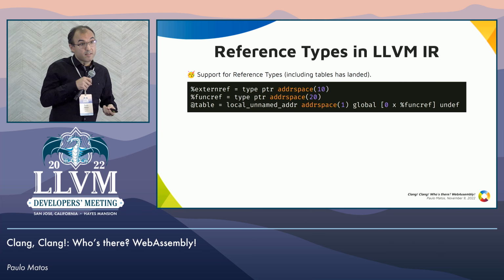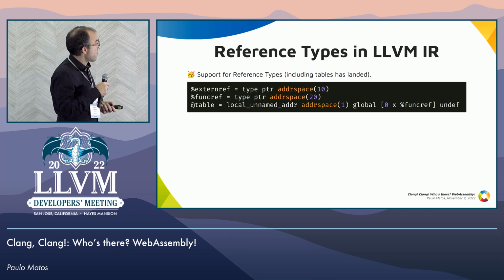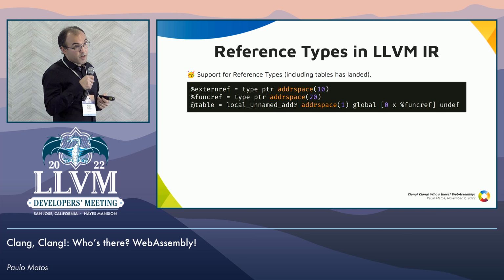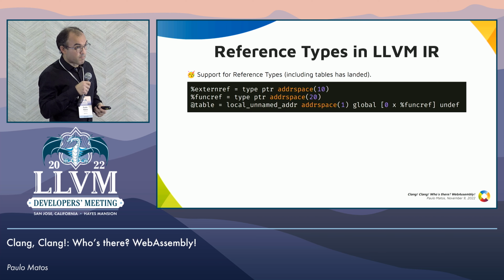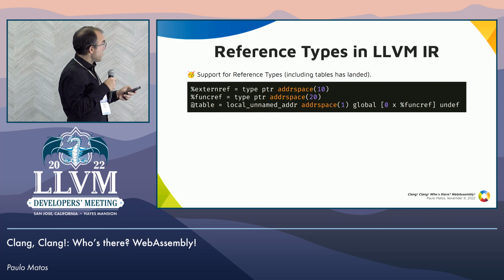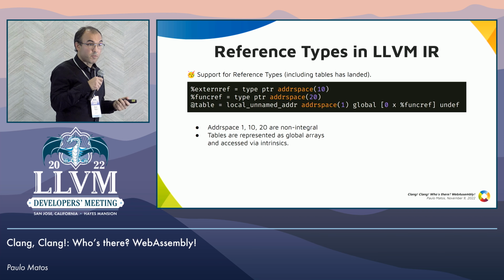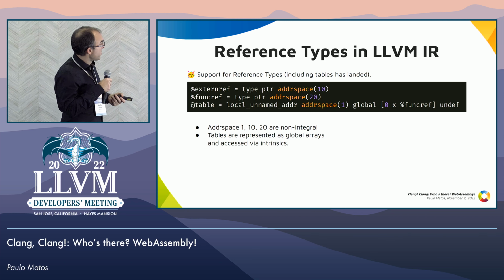Now, how is this done in LLVM IR? This has landed. This was part of our work last year, and the way we represent these things in LLVM IR is through the use of address spaces. We have non-integral address spaces so that you cannot do things like pointer to int and integer to pointer.